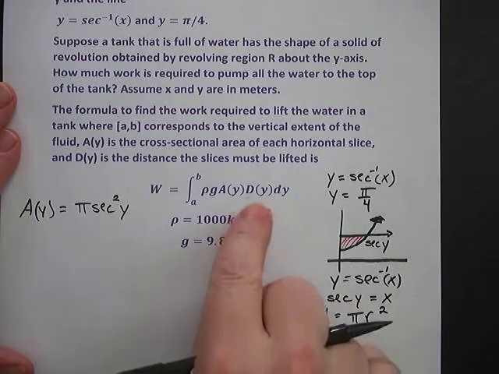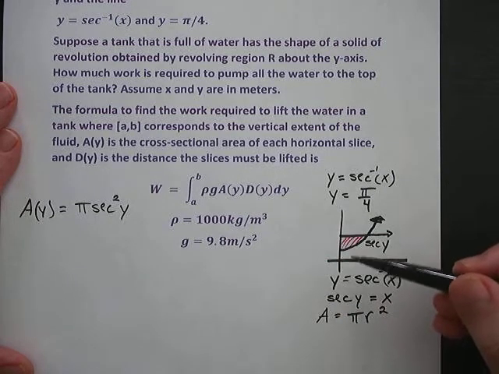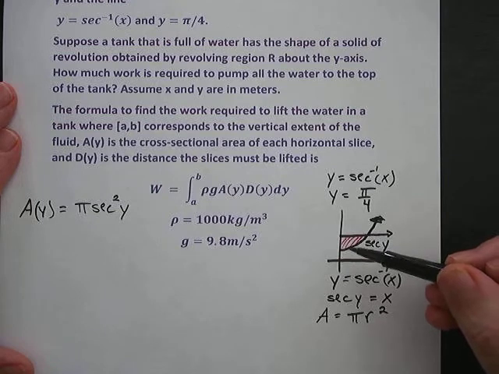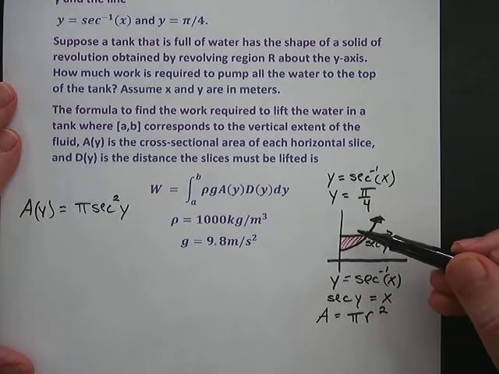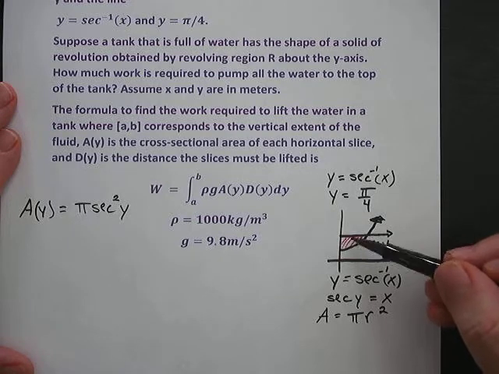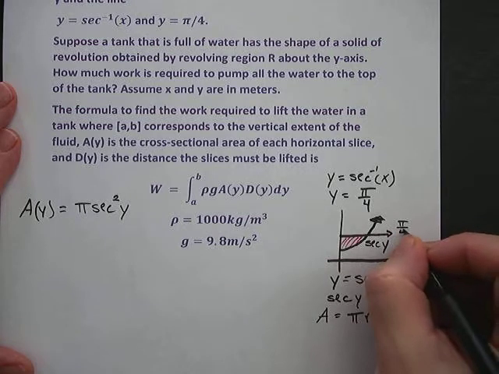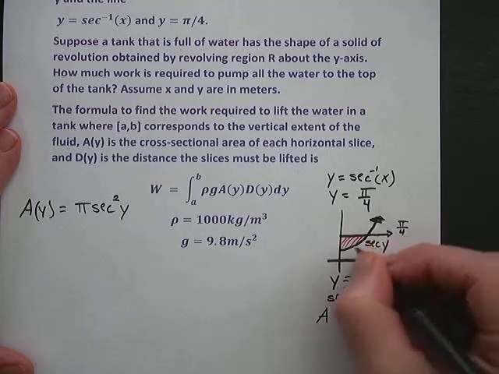Now we need to figure out what the d of y that goes in here is. The d of y is going to be the distance that the water has to travel to get out the top of the tank. That distance is the difference between pi over 4, which is this line, and the secant, which is this curve.